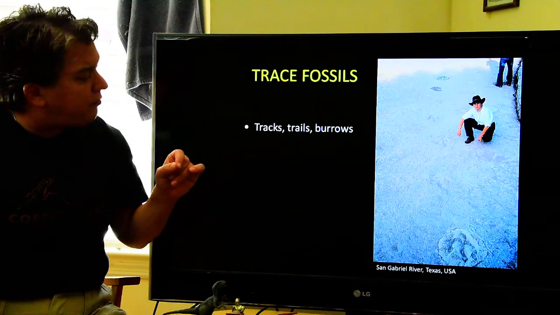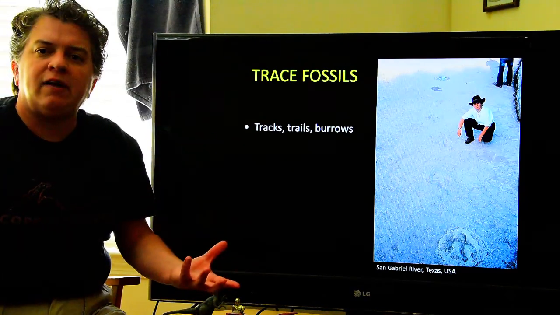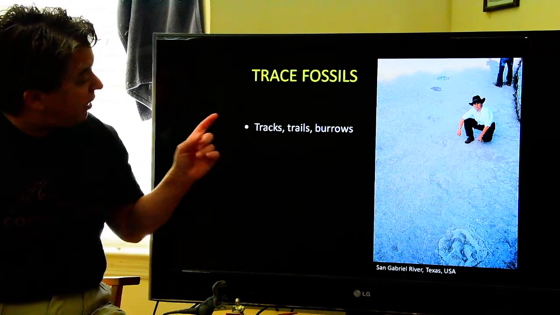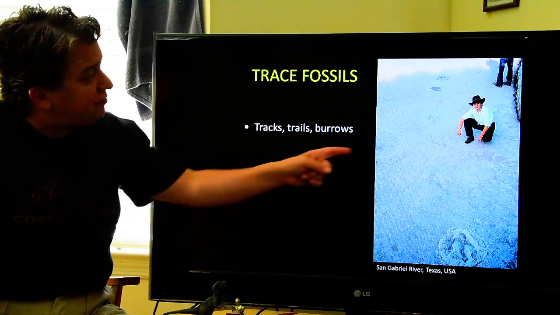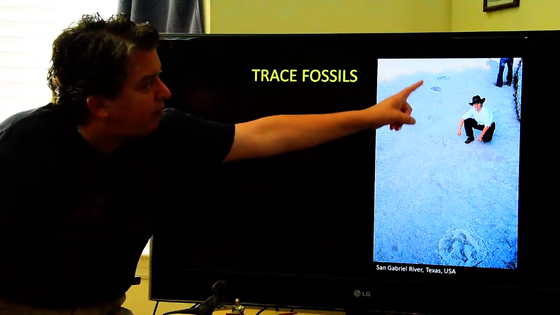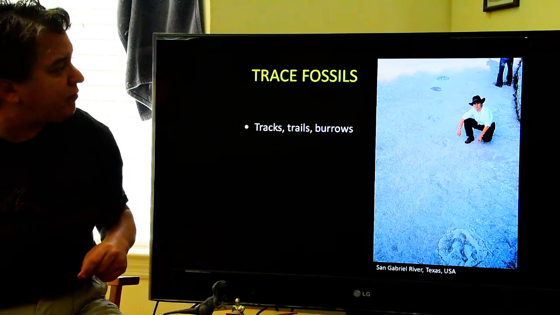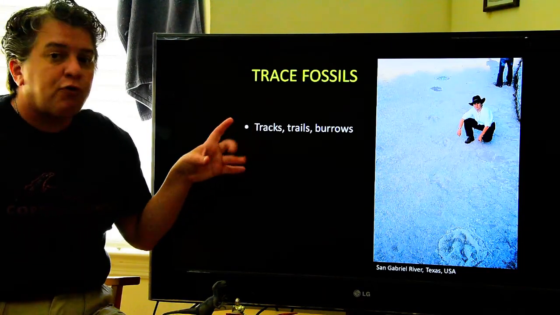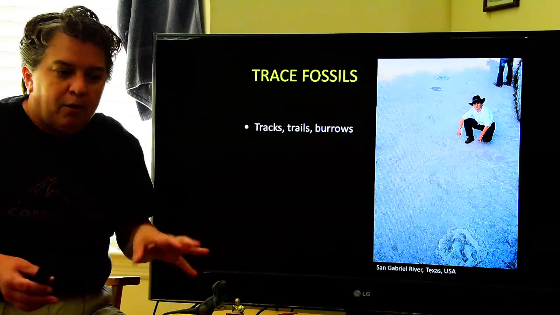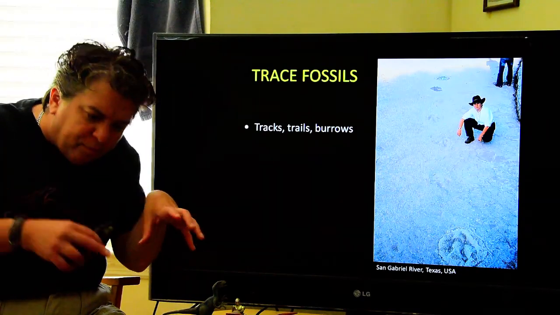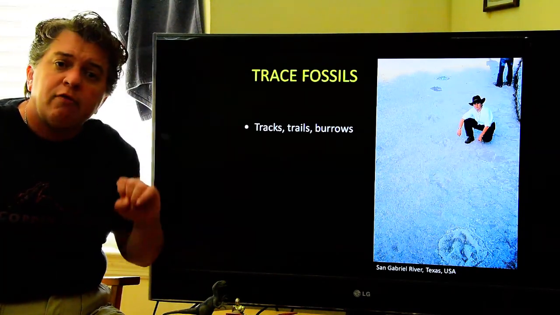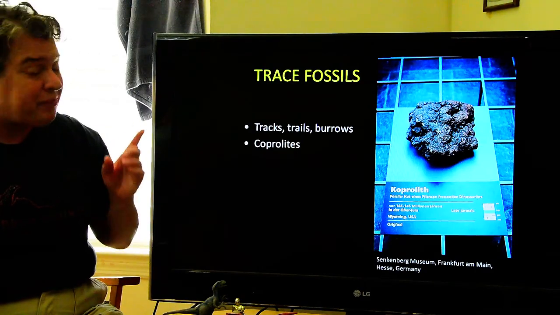Trace fossils are indirect evidence of past life. Things like tracks. We have this trackway of a dinosaur called Acrocanthosaurus. Trails that are left by organisms, or places where they've burrowed into the ground. Those all count as trace fossils.